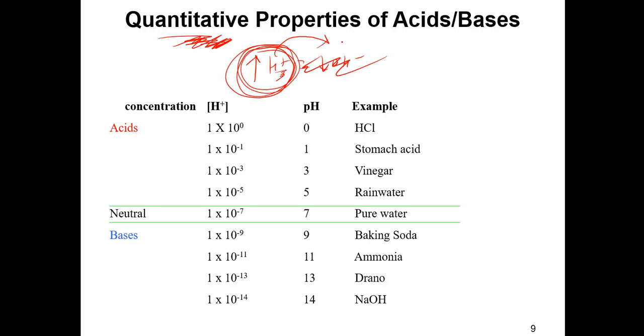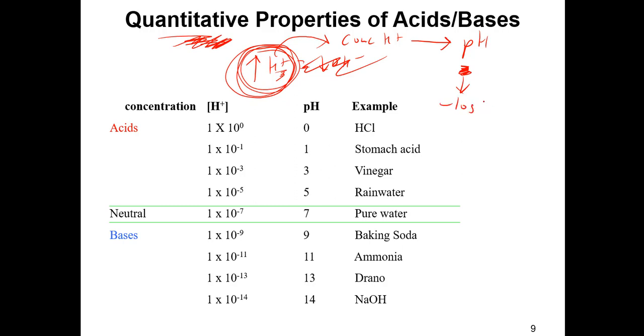And what we like to do is take the concentration of hydroniums, because they tend to be really big numbers, and make them small numbers, which we call pH values. Now, the P notation is a math term which means negative log.